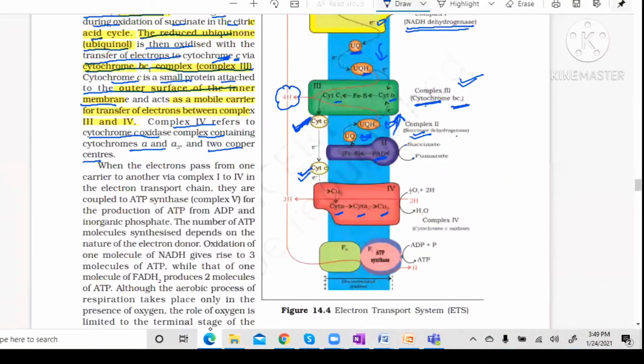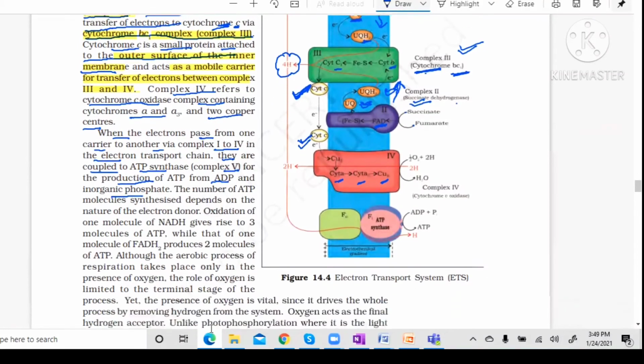Now see here. When the electrons are passing from one carrier to another, that is from 1 to 4, in between they are coupled with the ATP synthase, that is complex 5, which is responsible for the formation of ATP from ADP and inorganic phosphate. You can see here, this is your complex 5.